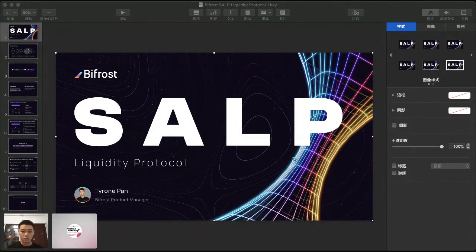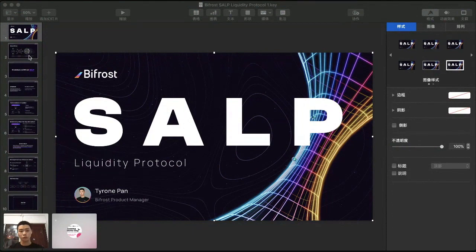As a contributor, you can contribute Kusama to any parachain you like, and you will get the derivative from the Bifrost side. And you can do that with liquidity by using the derivatives. So SLP stands for Slot Auction Liquidity Protocol.